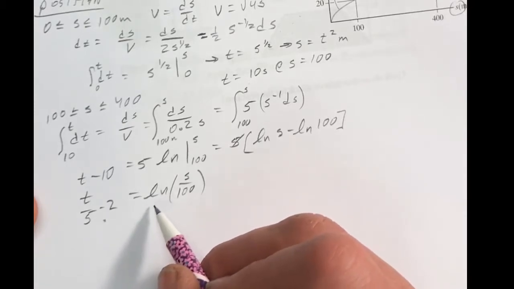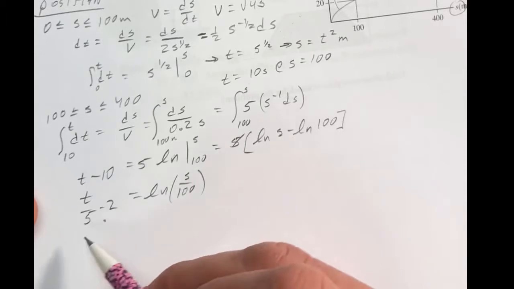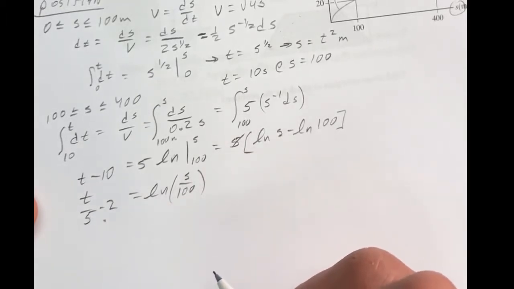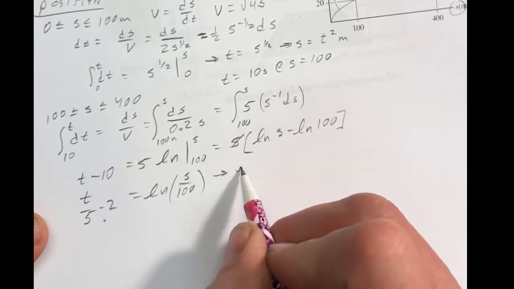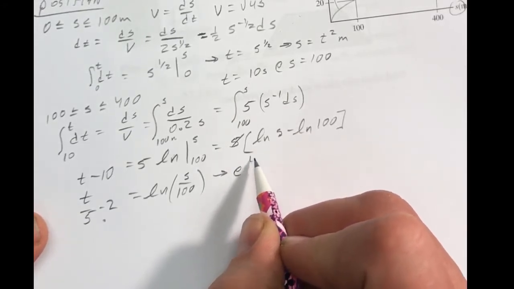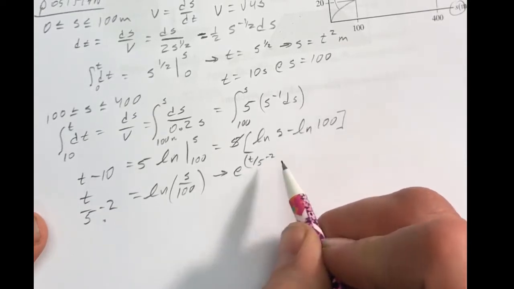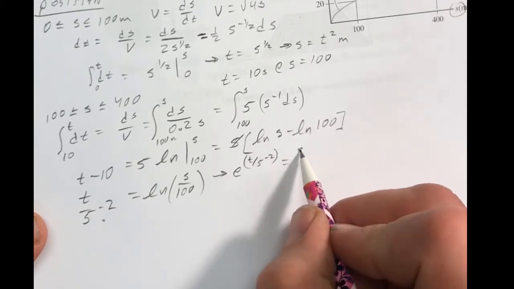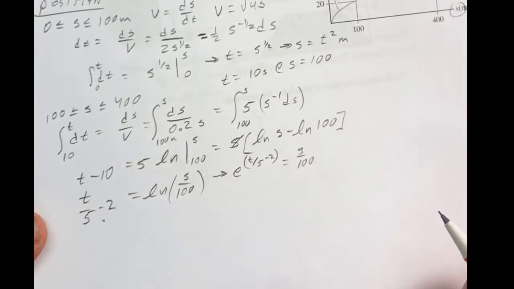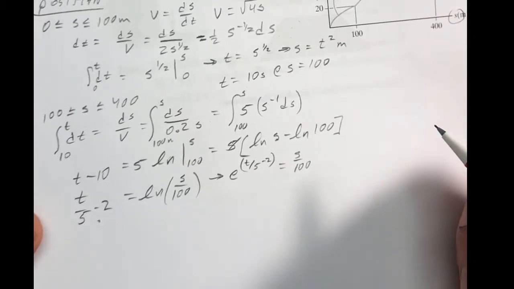We're going to take e to this power and e to this power to get rid of our natural log. So I have e to the t over 5 minus 2 power, and that equals s over 100. Let's see, what else can I do here?